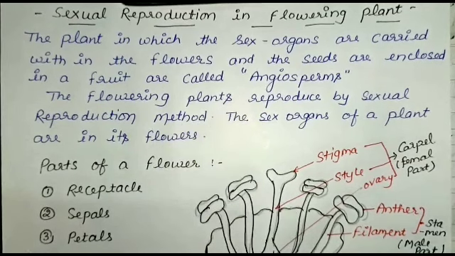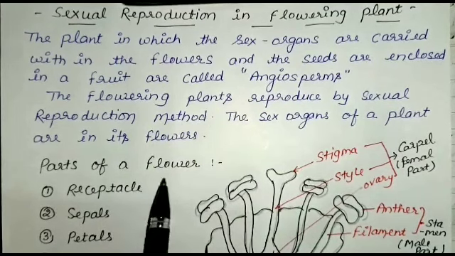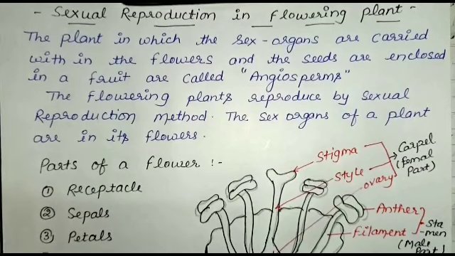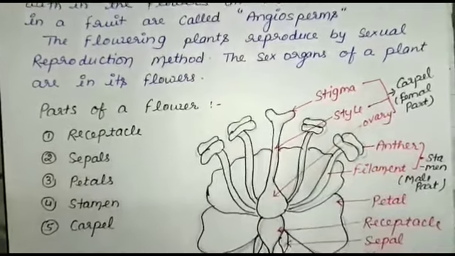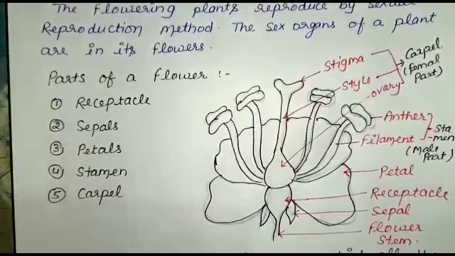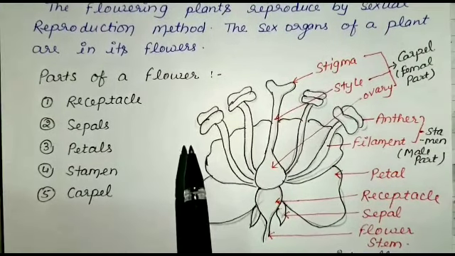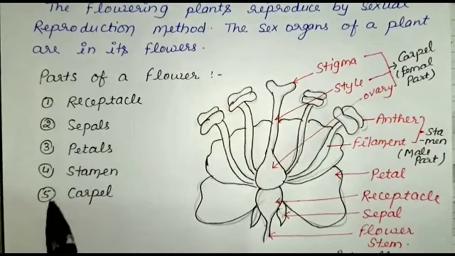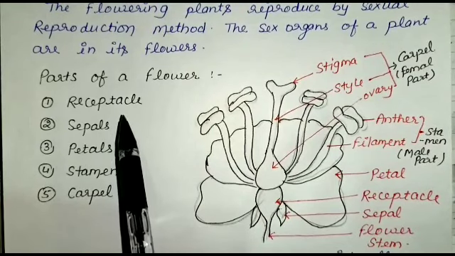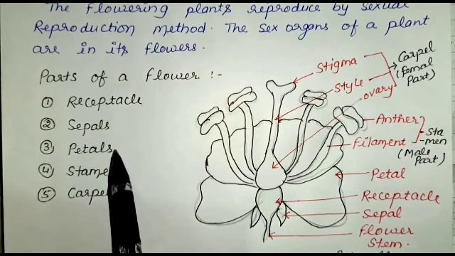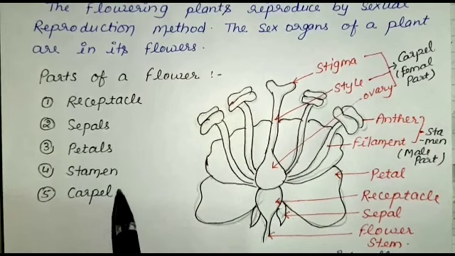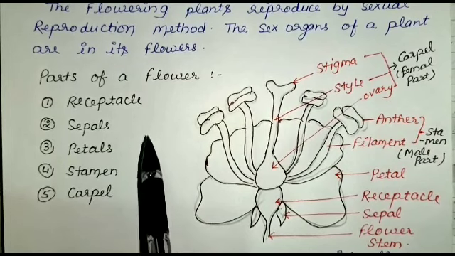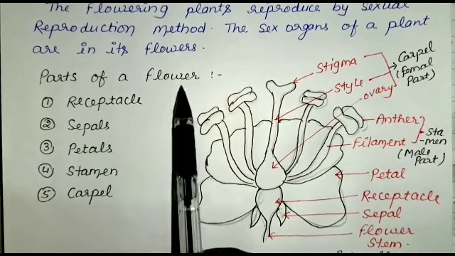Now, here we discuss the parts of a flower. We know that the flower is the reproductive organ of the plant. A flower consists of 5 parts: receptacle, sepals, petals, stamen and carpel. Now we define each part of the flower one by one.